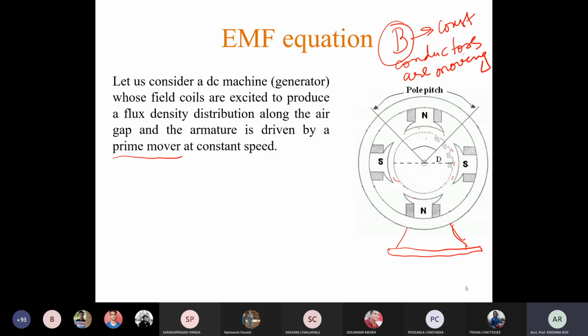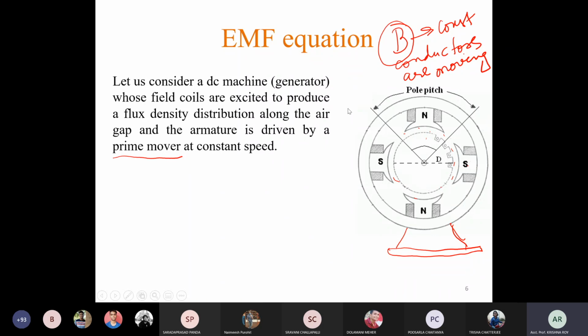And this armature, which is nothing but an arrangement of some conductors, is driven by some prime mover. So the situation is, some conductor is rotating under some magnetic flux, so there will be some induced EMF. We need to derive the expression of that induced EMF.